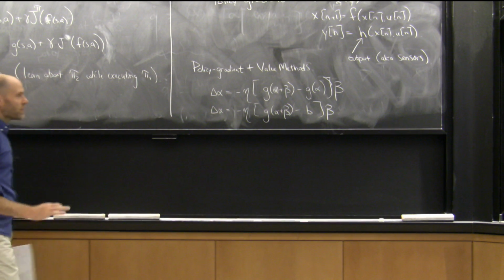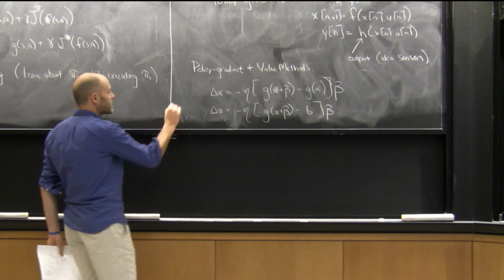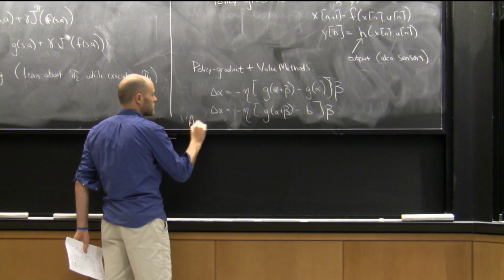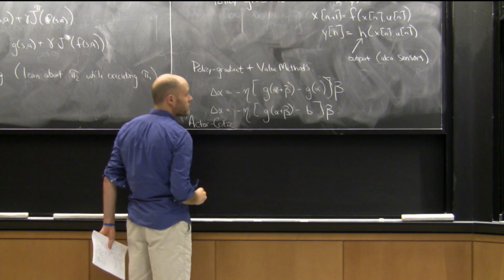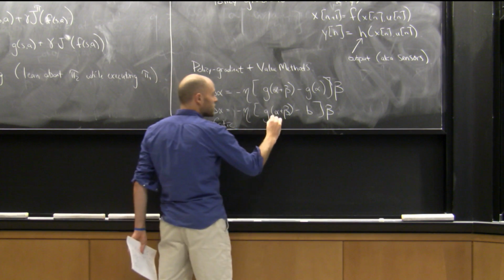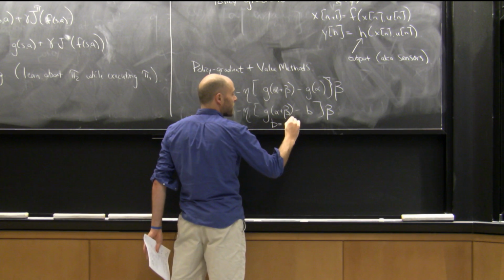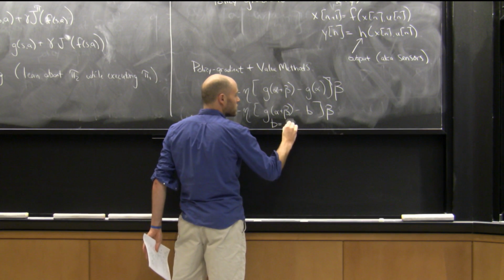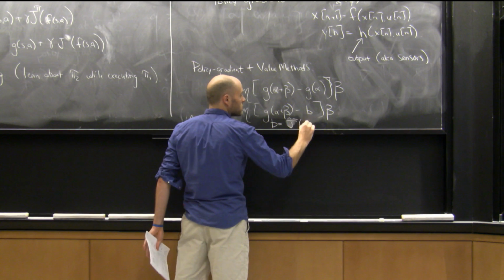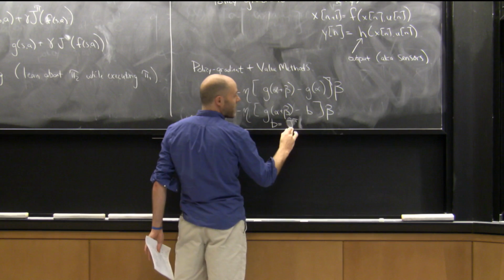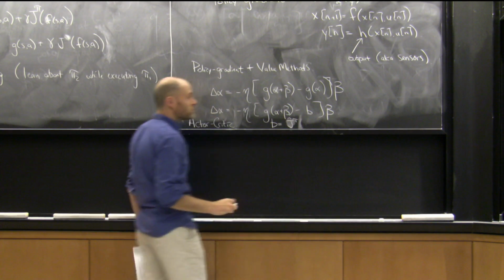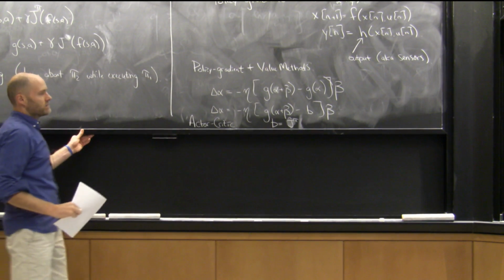So the simplest actor-critic algorithm, and one of the most popular, really, is to use J hat as my baseline. Why does that seem like a good idea?